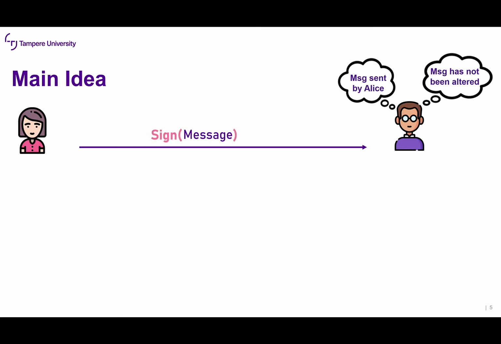To do so, Alice will have to sign the message that she will send to Bob. Upon reception, Bob should be able to verify the validity of the signature on that message.